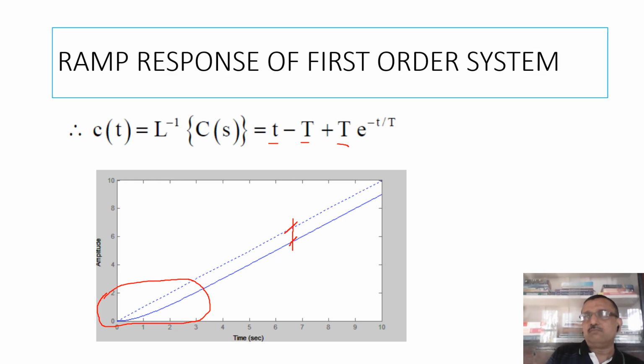You want the liquid coming out of the boiler to increase in temperature gradually, from 0 to 100 degrees. But when I say 100 degrees, it will go only up to 98 degrees. That is the problem with the first order system. This is called steady state error.